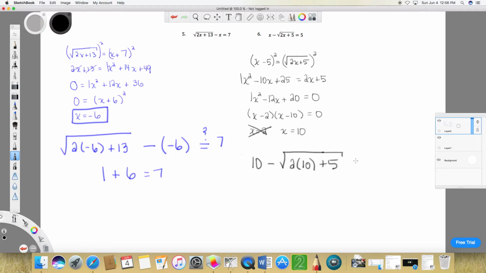And the big question is, will that arithmetic equal 5, the right-hand side of this equation? All right, so 2 times 10 is 20, and 20 plus 5 is 25, and the square root of 25 is 5. And yes, it's true that 10 minus 5 is equal to 5, so this is in our solution set.